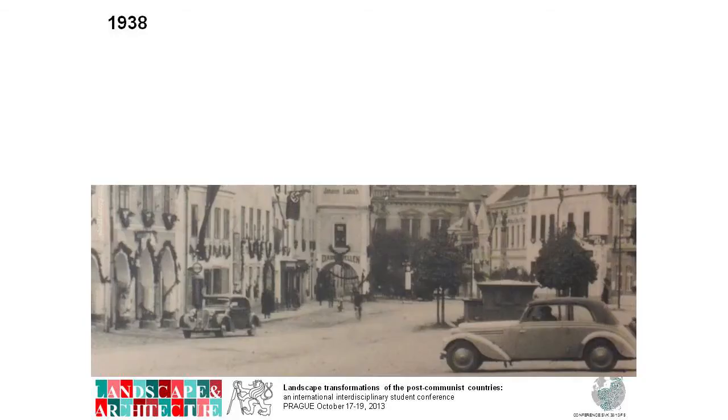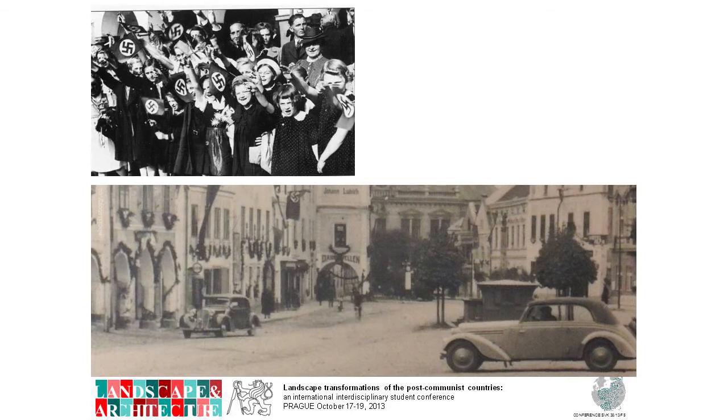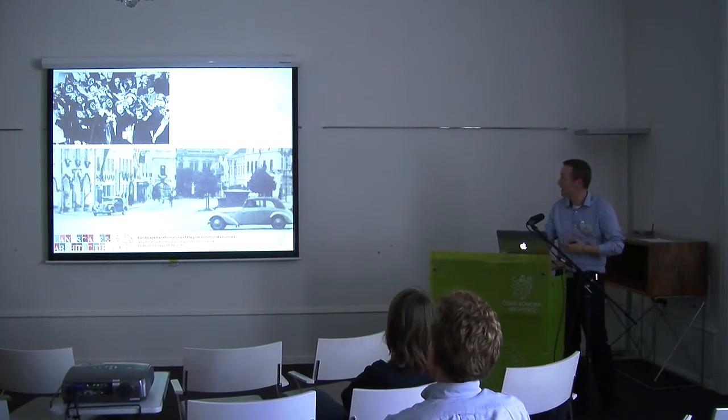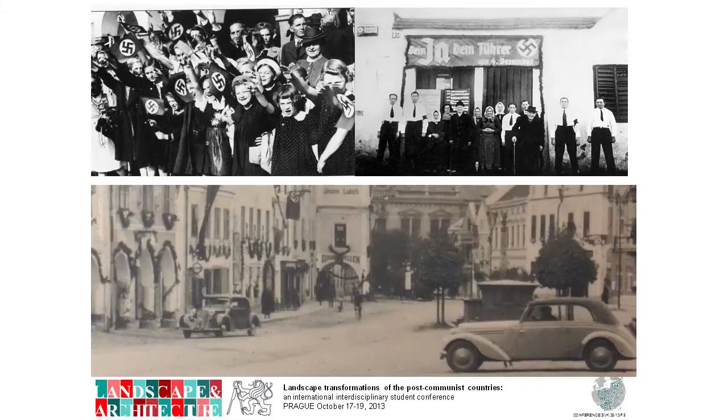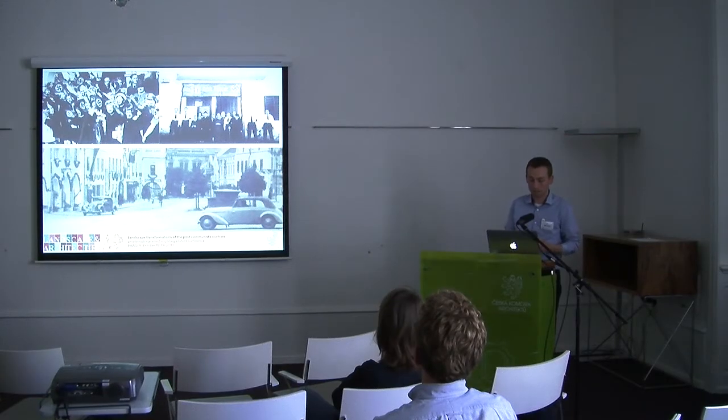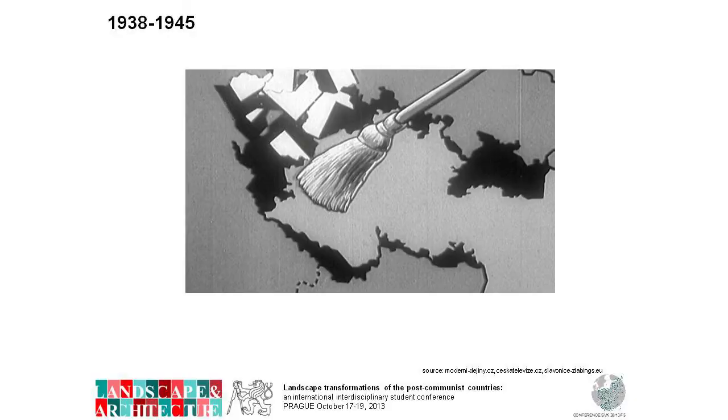So the whole Slavonice area in 1938 was German, and the people then had a chance to become part of the Third Reich. It was only a possibility for them. And it set up a situation for other consequences.